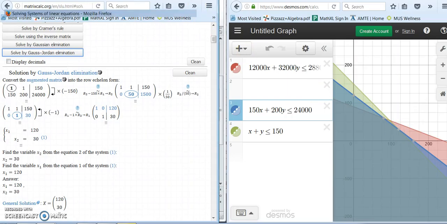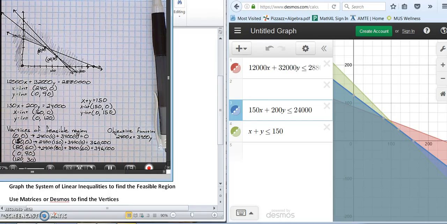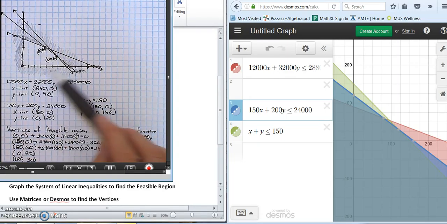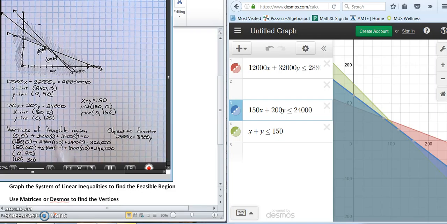Okay. So coming back to the process of looking at all our vertices, once we have found all the vertices of our feasible region, and in this case there were 5, I need to take my objective function and determine which ordered pair, when substituted into the objective function, gives the maximum value.